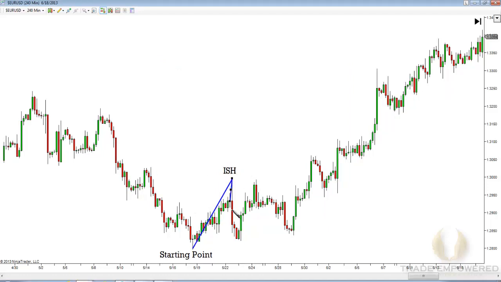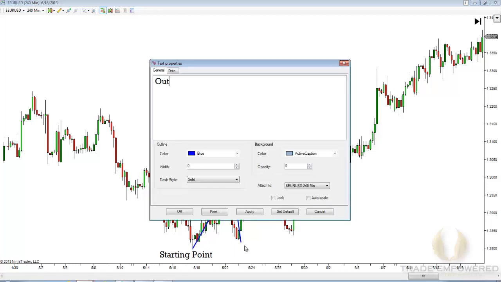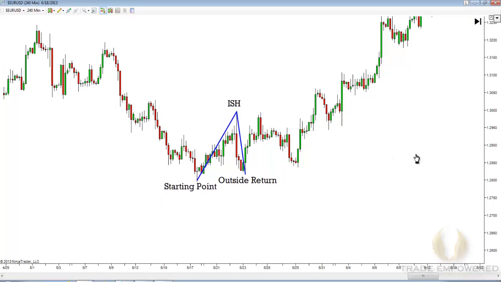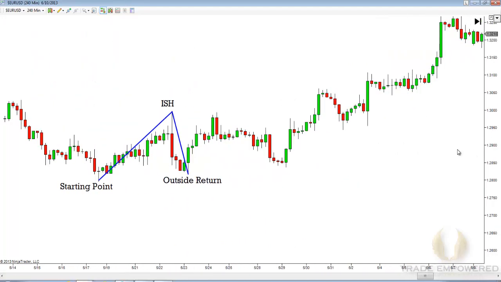You can see the market pushes back down, giving us an outside return. We do come down to test this starting point, but you can see we do not create a lower low, lower close. So this is a valid outside return. Let's adjust this a little bit.